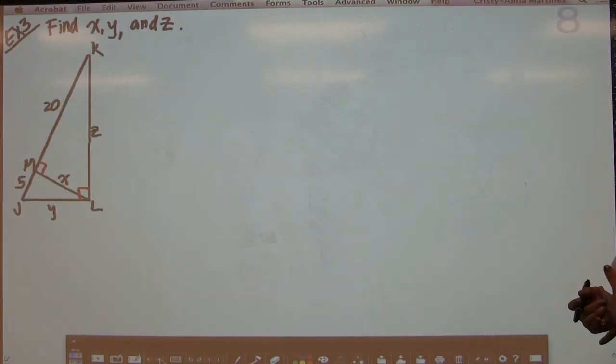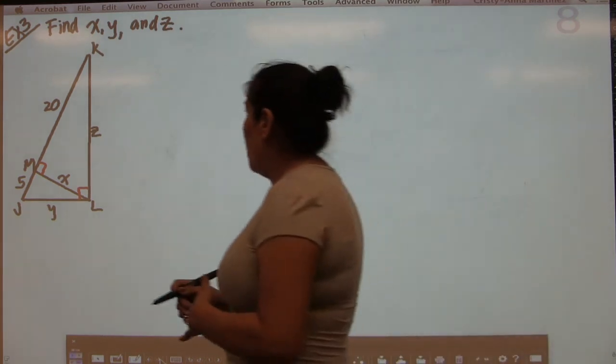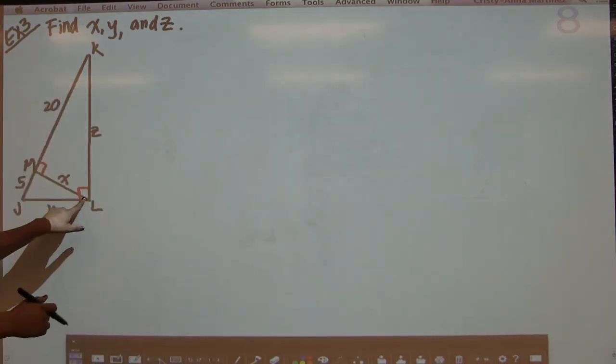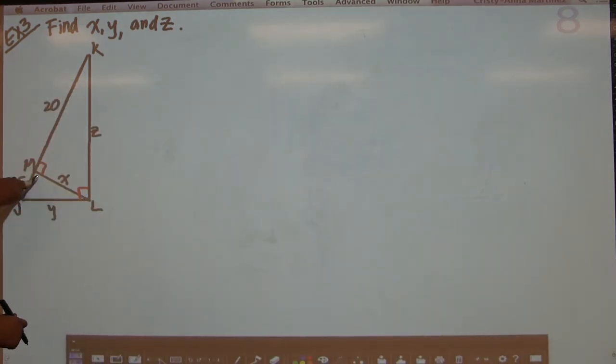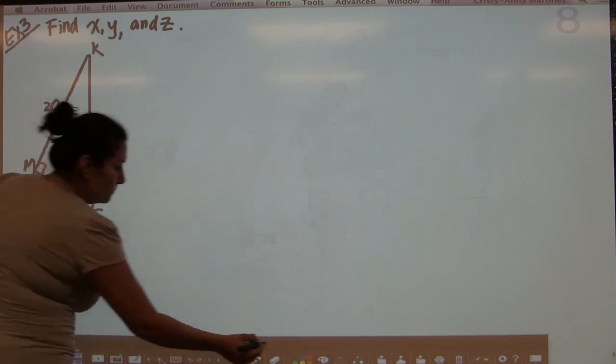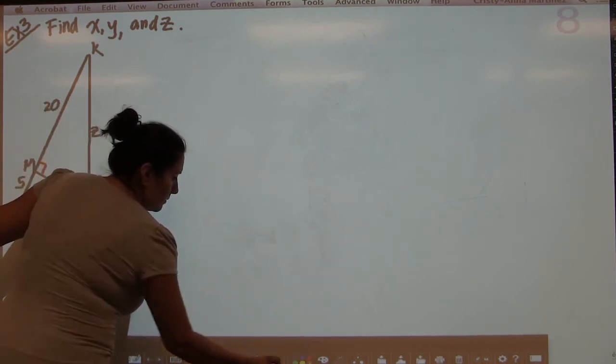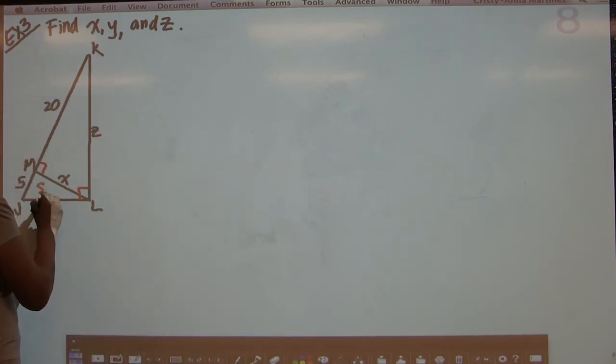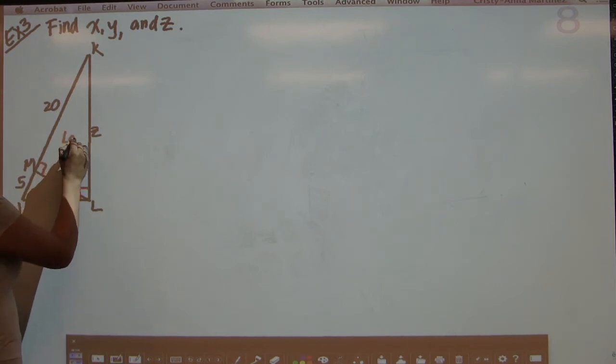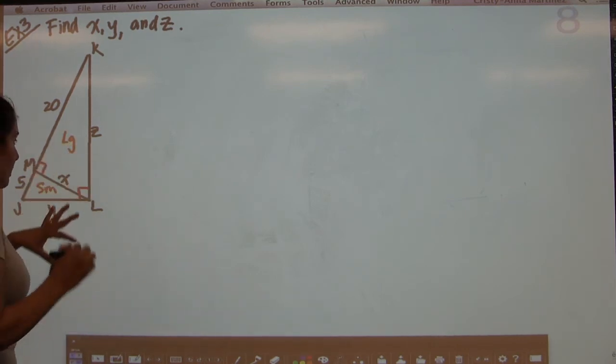So we have an example here where it says find x, y, and z, and of course you can tell this is a right triangle where the altitude is also split to right triangle, so it creates two triangles. Here we have a small triangle, a large triangle, and of course the original triangle.